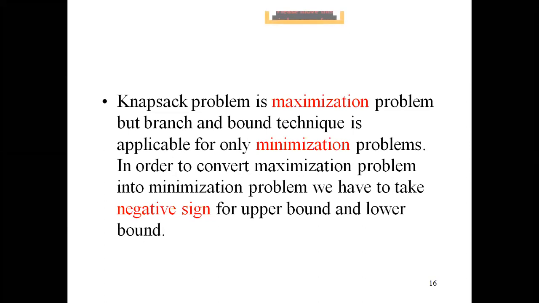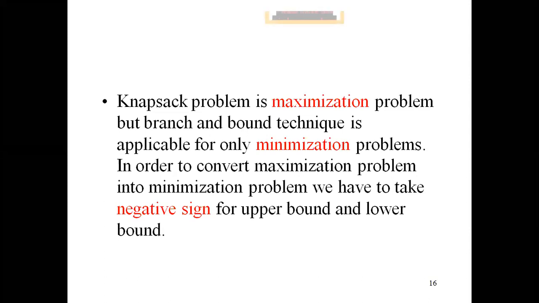So see here, we have the branch and bound technique. We have the knapsack problem. Knapsack problem is a maximization problem. Branch and bound technique is for minimization problems. Now we use the branch and bound technique, we want to solve the knapsack problem. So for this, what will you do?